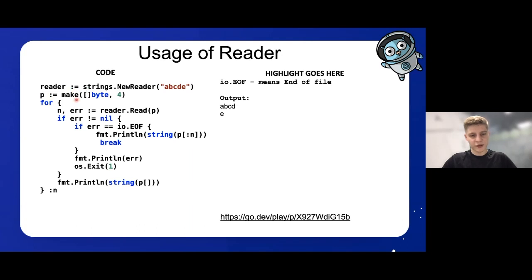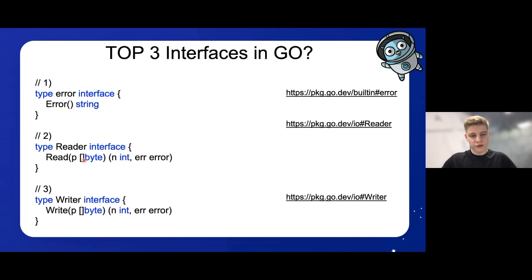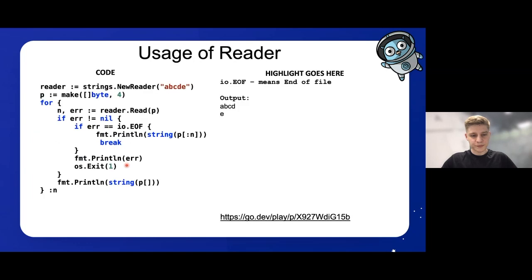We allocated our memory once for 4 bytes, and then we reuse it across the whole application. If you want to read as many bytes as possible, we have the ReadAll function in the IO package, which we'll consider a bit later. Yeah, this was the first example.